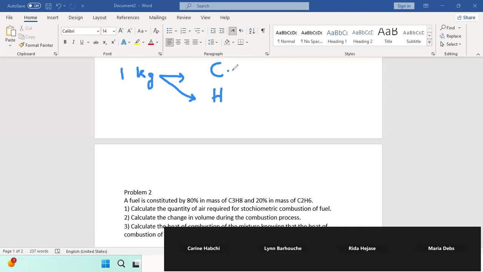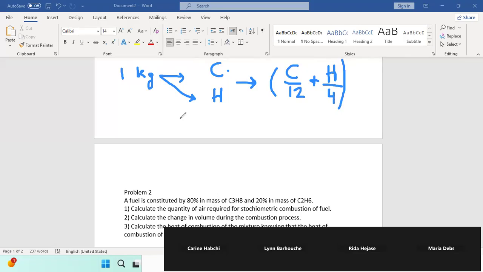As we said, we can determine from here the number of kilomoles of carbon and the number of kilomoles of hydrogen, and we deduced together that the number of kilomoles of O2 required will be C over 12 plus H over 4. So this is the number of kilomoles of O2 required.